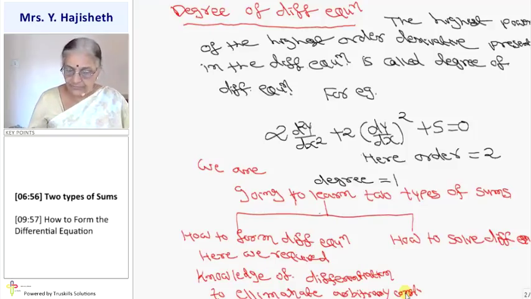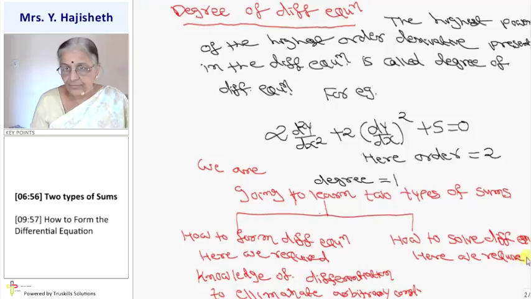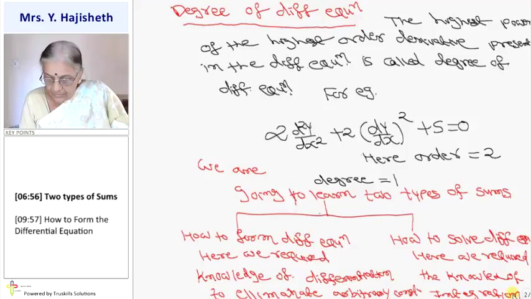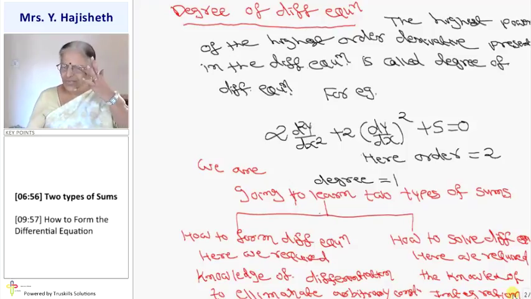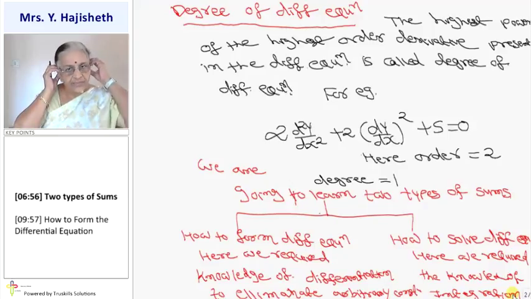And to solve the differential equation, we require knowledge of integration, to eliminate the differential coefficient, the derivative. Here we introduce an arbitrary constant in the form of the constant of integration.